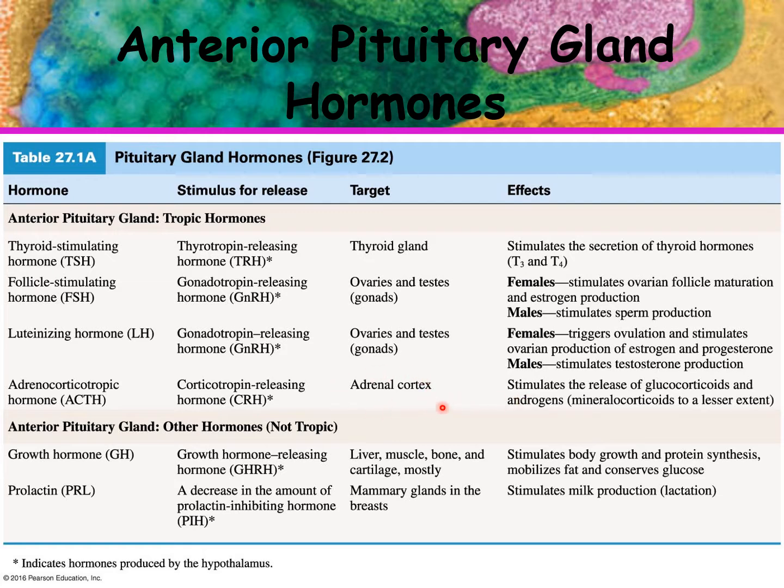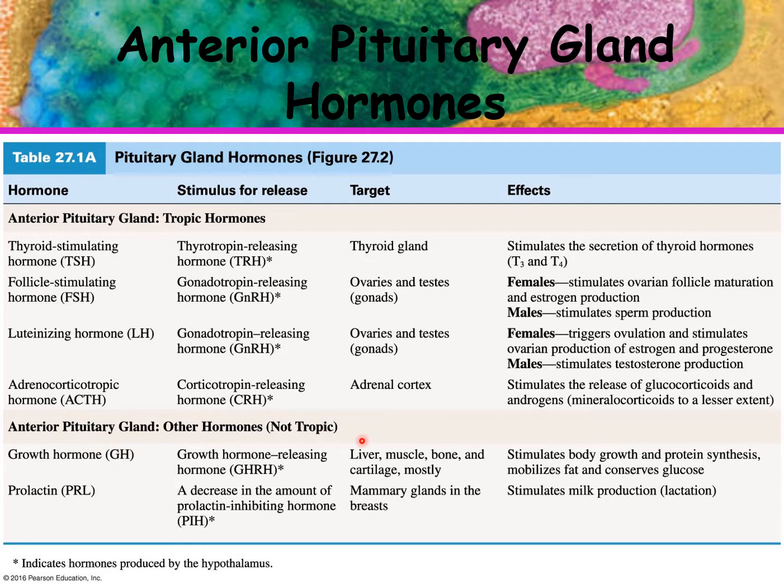When it stimulates the adrenal cortex, it stimulates it to release mineralocorticoids, glucocorticoids, and androgens. ACTH is stimulated to be released by corticotropin releasing hormone, which is produced by the hypothalamus.